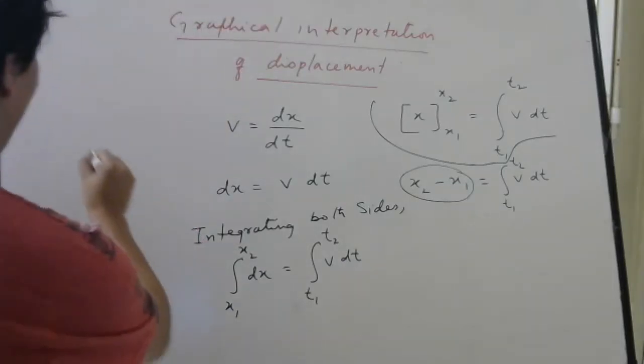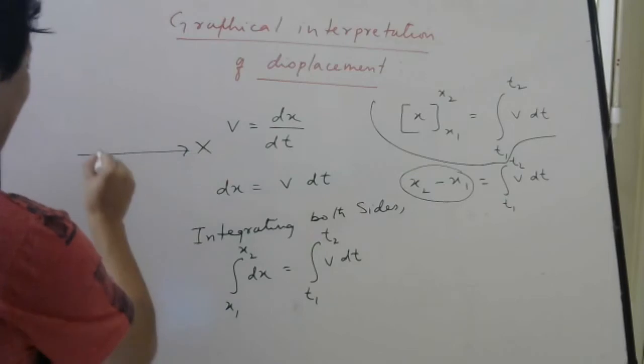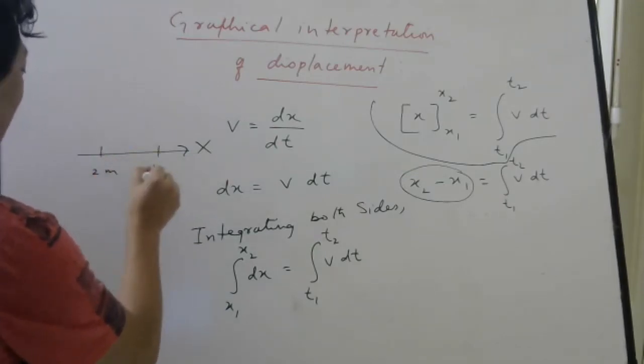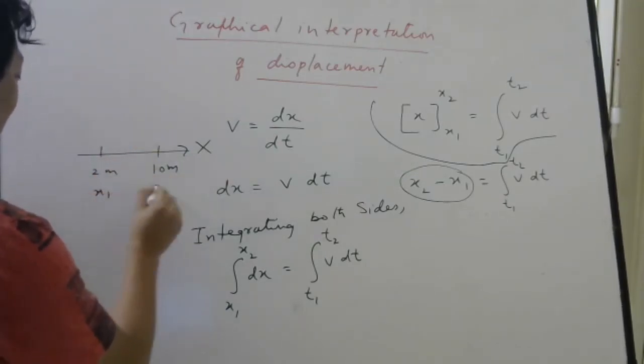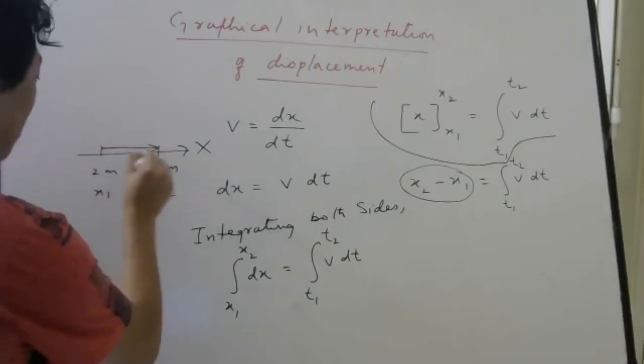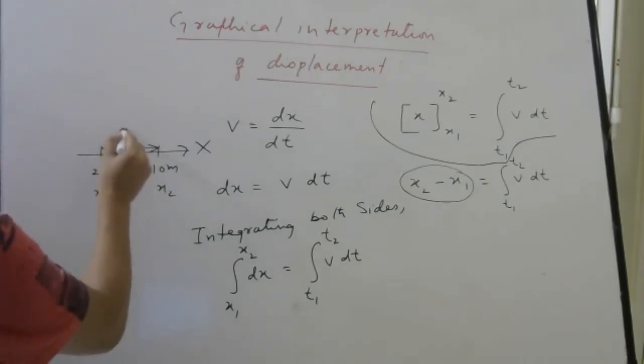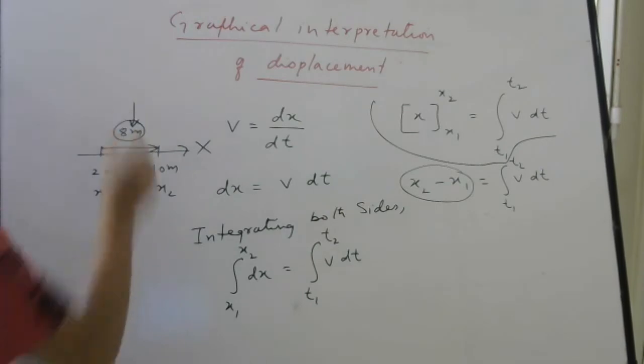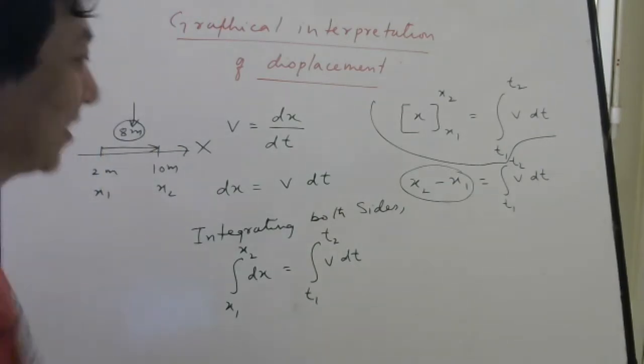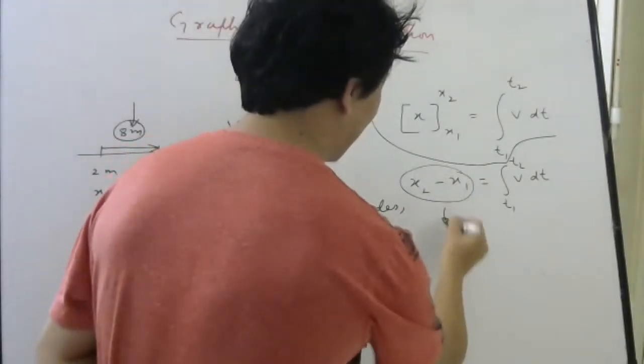Very nice. Suppose this is the x-axis. I start from 2 meter, I go to 10 meter. If I subtract these two, what is this? 8 meter. What is 8 meter? Displacement. So this is your displacement.